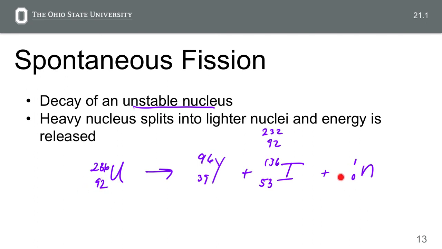So we have to have a 0 here. But we're short 4 in terms of our mass number. So if we put a 4 in front of the neutron, stoichiometric relationship here, we will now be balanced on both sides of the equation.